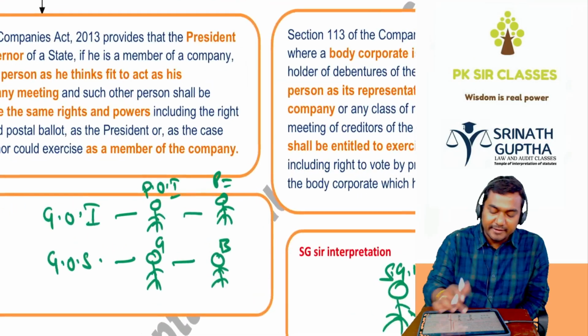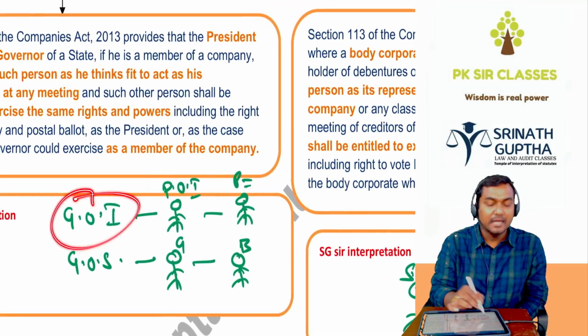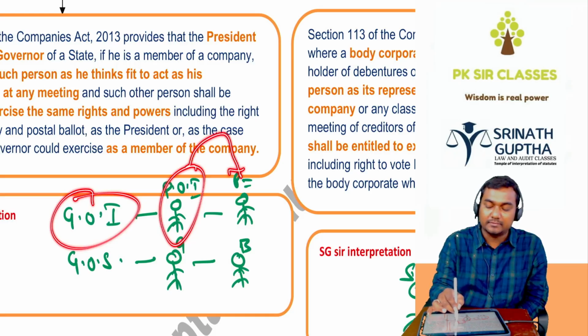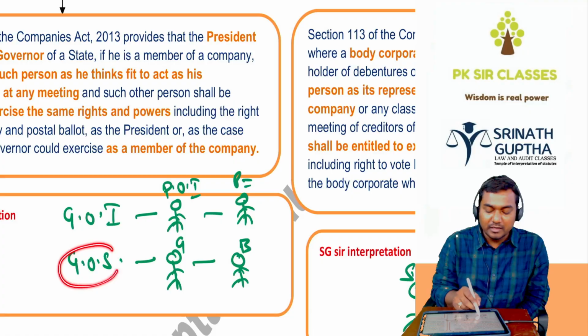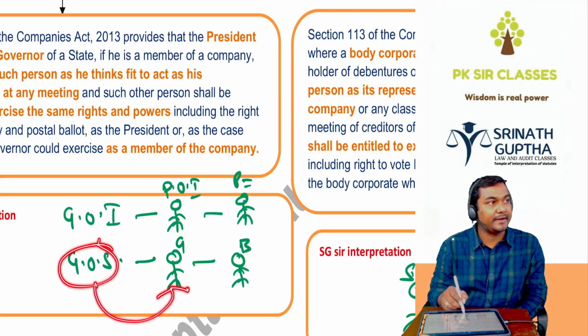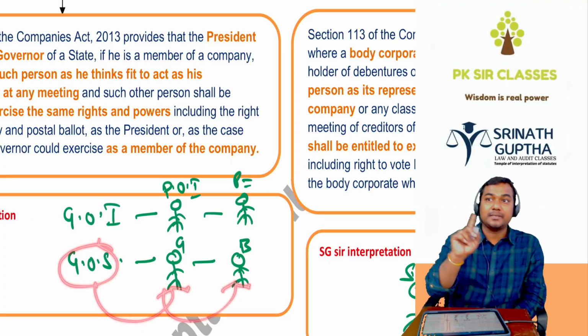If the Government of India is a member of the company, and the President of India is sending any representative, he is deemed to be a member attending the meeting in person. If the Governor of the state is a member of the company, and the Governor is sending any representative, he is deemed to be attending the meeting in person, but not as a proxy.